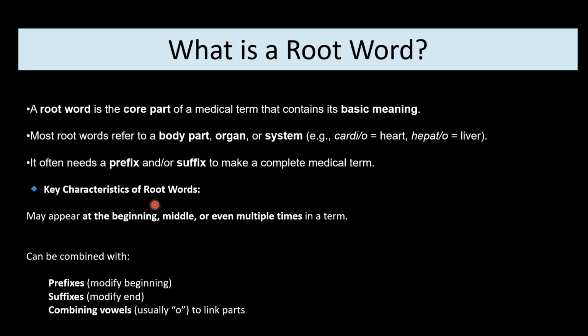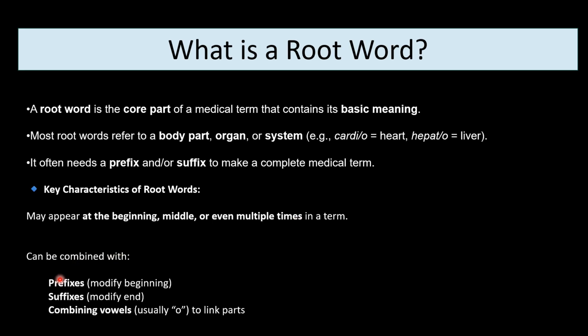Now we will talk about the key characteristics of the root word. It may appear at the beginning, in the middle, or even multiple times in a terminology. So it can be present at the beginning, but don't get confused whether it is a root word or a prefix, because the word that provides most of the information and is related to a body part, organ, or system is for sure a root word.